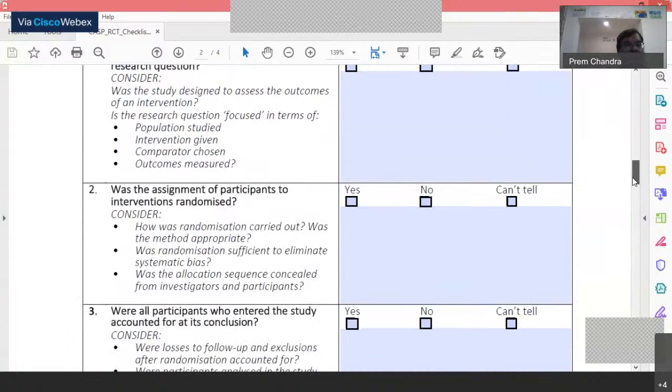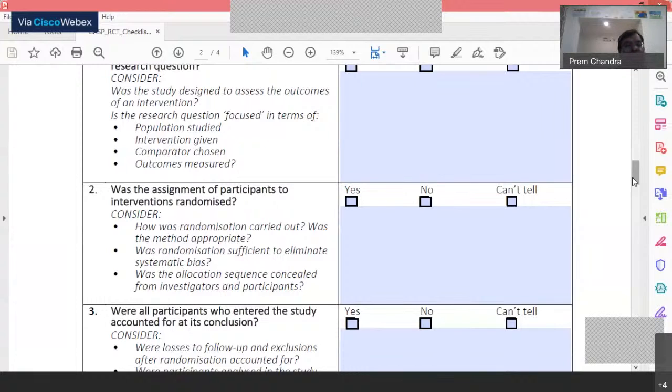The second item is about whether the assignment of participants to interventions was randomized. It is important to review how randomization was carried out. Was the method appropriate or not? Was randomization sufficient to eliminate systematic bias? Was the allocation sequence concealed from investigators and participants?